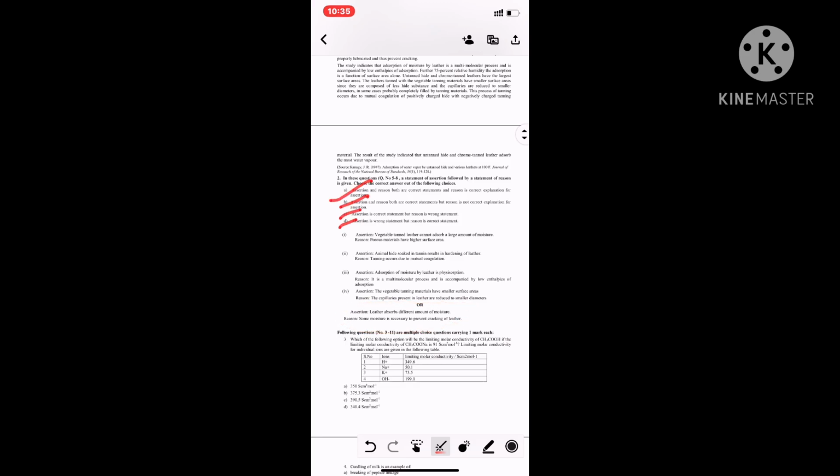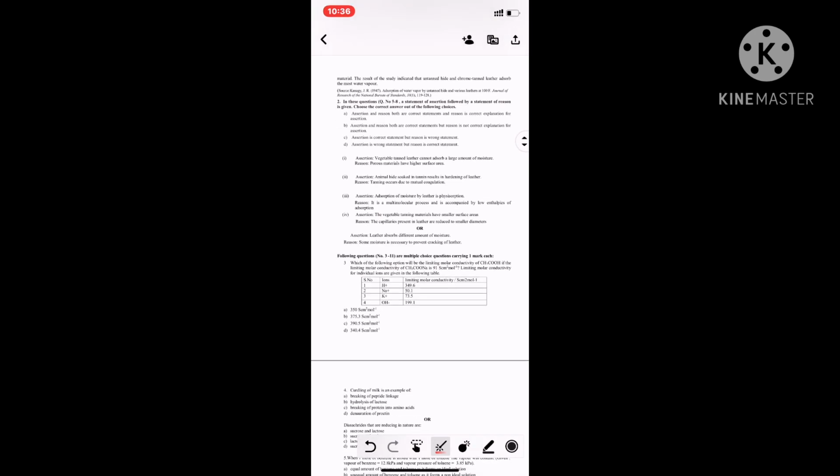We find that assertion reasoning somewhere also comes with 5 options, like in NCERT examples or in some help books, but in CBSE we are only going to do those questions which comprise only 4 options.